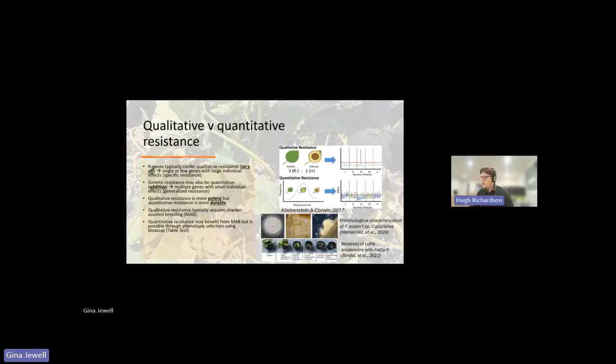Now, when you're trying to breed for a qualitative, major gene or R gene approach through plant breeding, you really do need marker-assisted or molecular methods to do so. You can also do this, and it is very helpful, with a quantitative approach, but you can get by with just using a bioassay or table test.